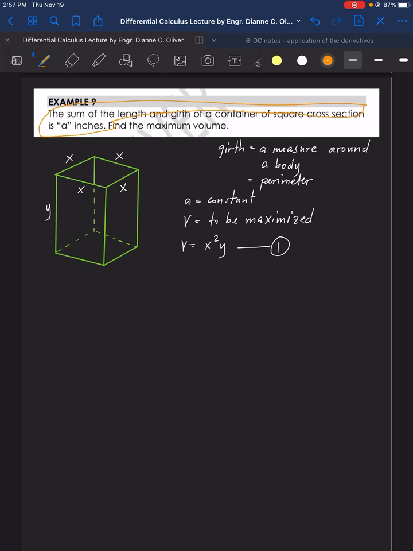The sum of the length and girth of a container of a square cross-section is 8 inches. So the second one here is length. So the length being mentioned is actually this portion here. So y plus the girth 4x is equal to 8. Second equation.